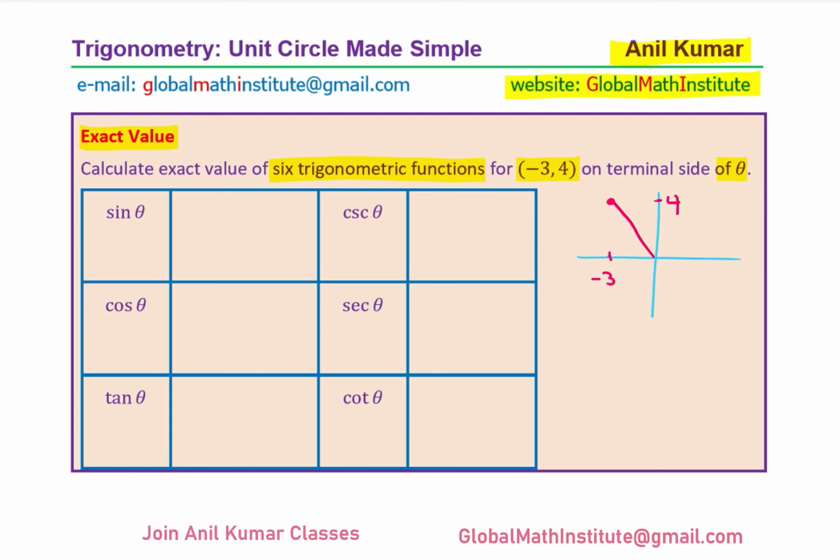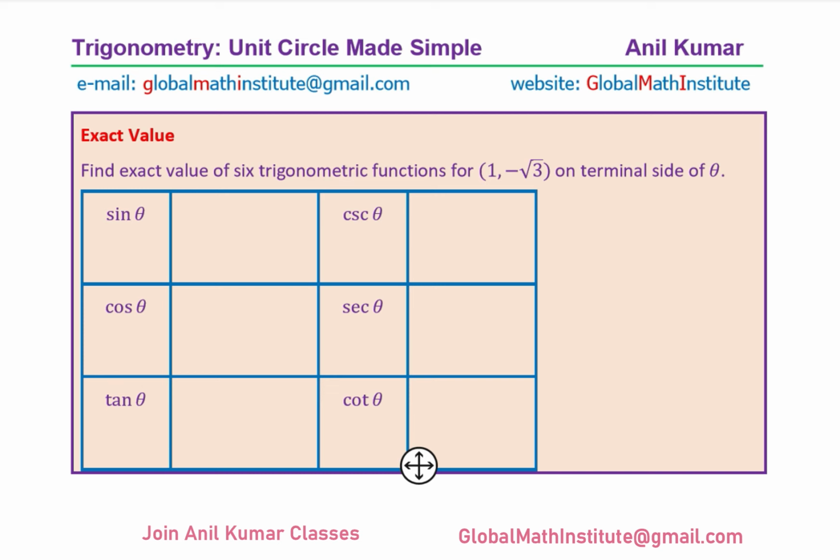We have another question to work with, and that is similar, but this time we are considering the point (1, -√3). So again, we'll find the 6 trigonometric functions for the terminal arm going through (1, -√3). So minus square root 3 will mean that we are in which quadrant?